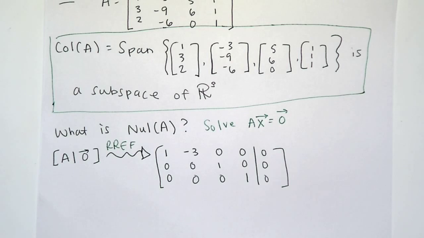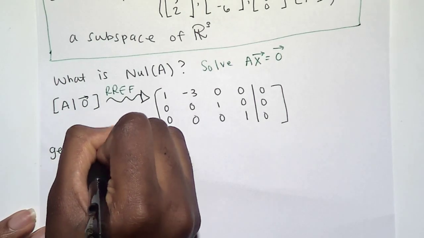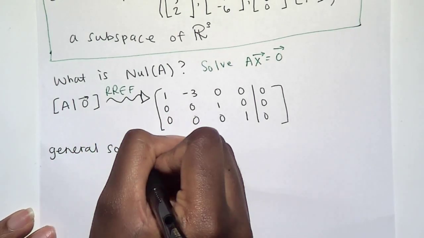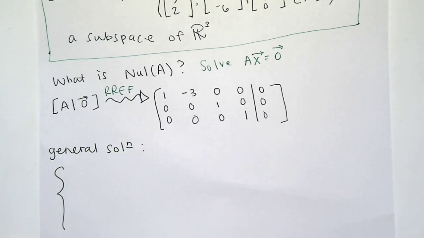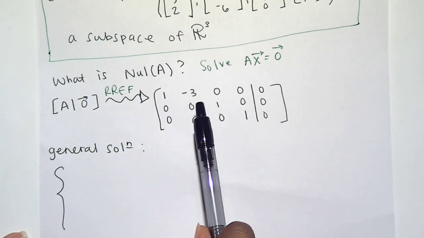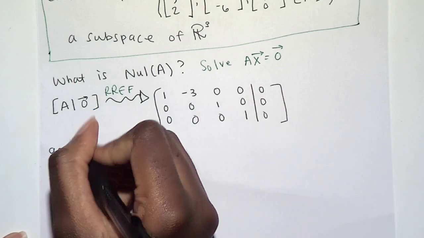Let's go ahead and find our general solution, and then we're going to put our general solution in parametric vector form. All right, so remember we have x1, x2, x3, x4 to solve for.